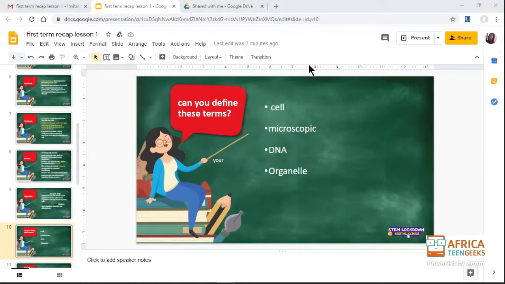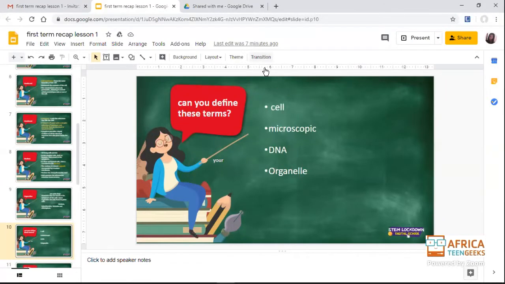All right, so Noku, microscopic is not an instrument, but it is anything that can be seen using a microscope, and a microscope is the instrument that uses a lens. You defined it. That is a microscope. All right. And you guys are correct. So anything that cannot be seen with our naked eye but can be seen using a microscope.